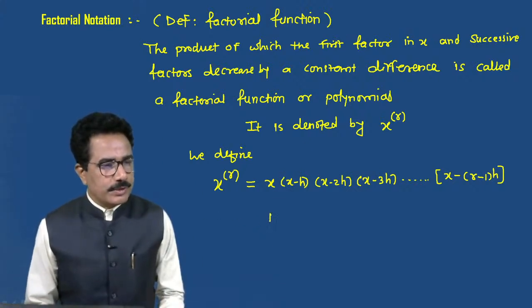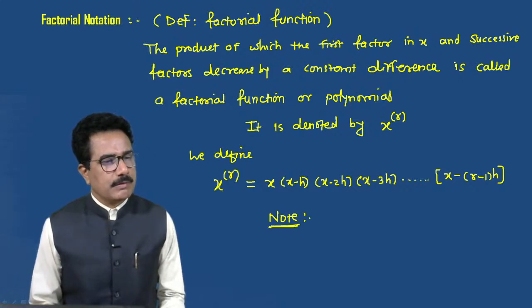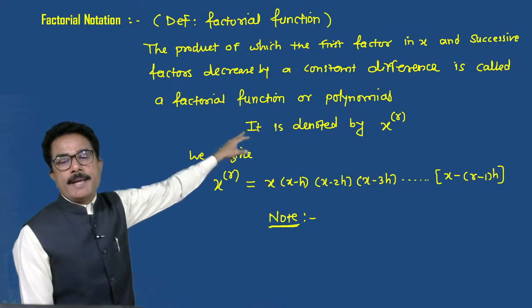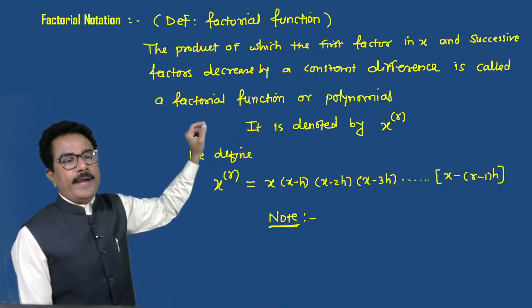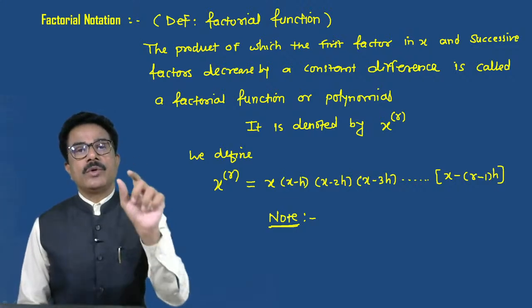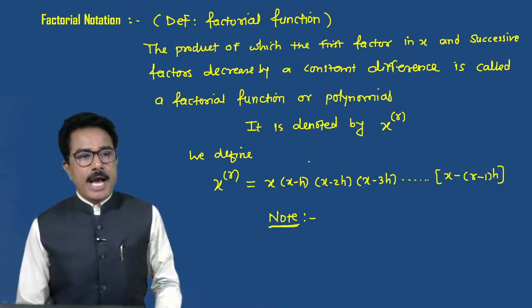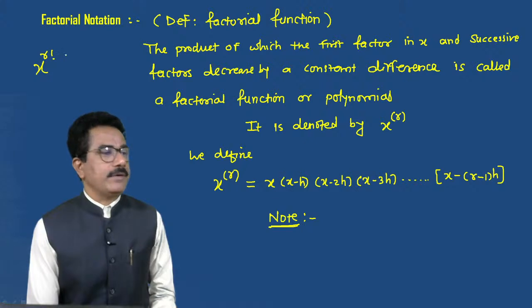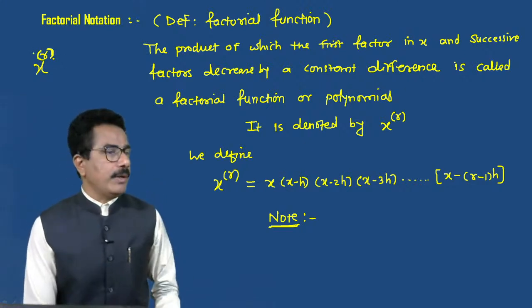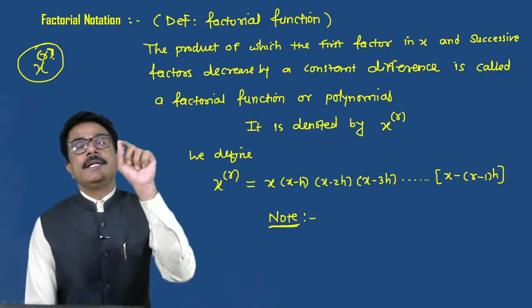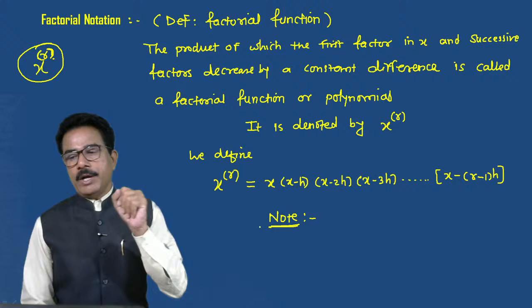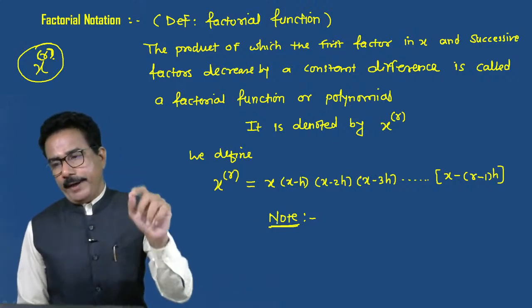Note that the factorial function, or factorial polynomial, is denoted by x raised to r factorial. If you write r in a small bracket in the power of x, this is the factorial notation of the function. The small bracket represents the factorial function of a polynomial. The notation is different; that factorial and this factorial are not related. So we have to write this as x raised to r factorial.